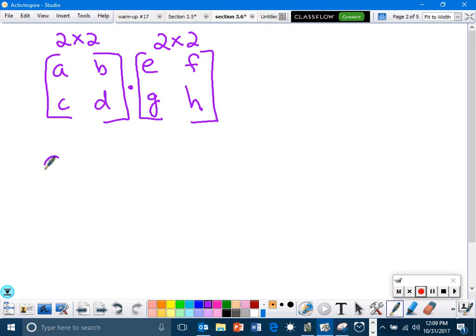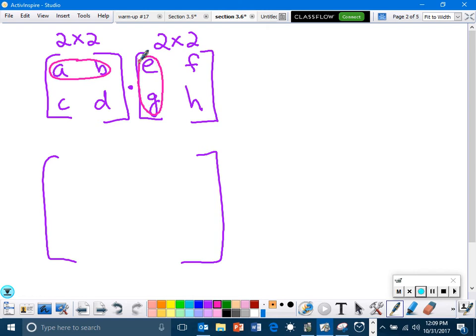All right, how does this work? Again, you may want to rewind this and watch it several times if you don't get it right away. All right, so what we do is, and I'll try to color code this, we take the row of the first one and the column of the second one. So the first row and the first column.